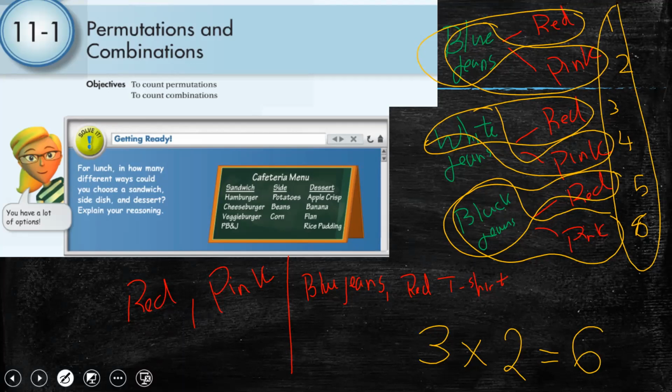So if I ask you how many ways, you just multiply the number of choices for the jeans times the number of choices for the t-shirt, and you get 6 ways. If I asked what are these ways, you would have to list them. But I'm not asking about them. I'm just asking in how many ways you can wear a t-shirt with jeans. Is it clear? Yes.